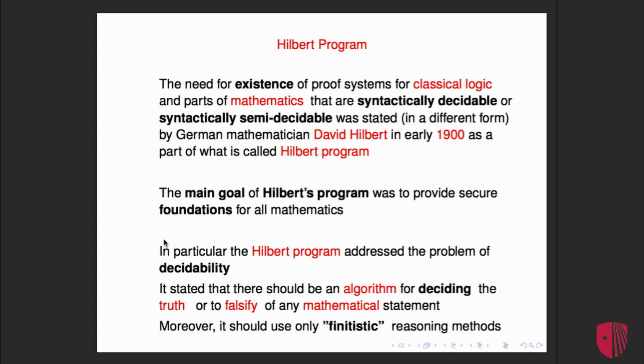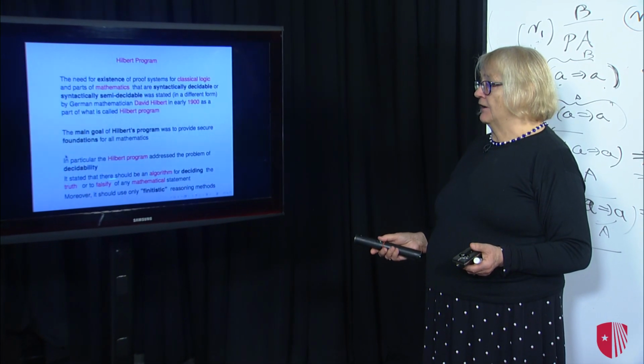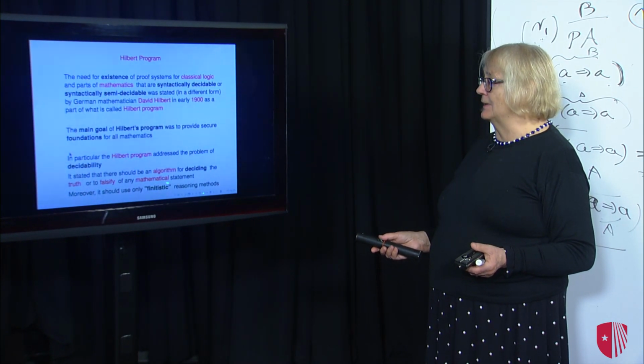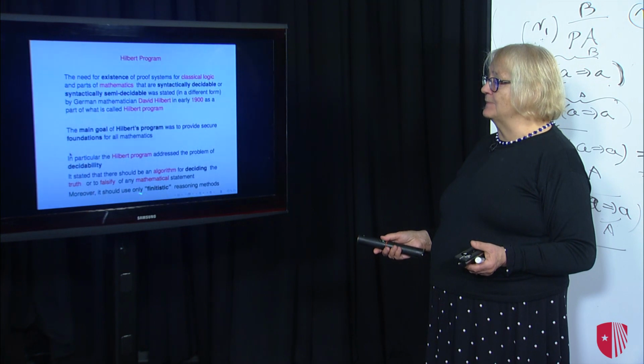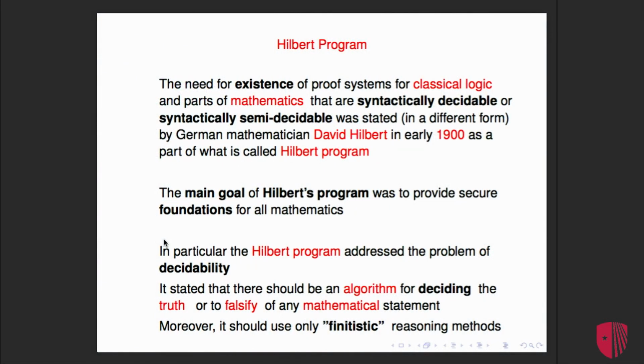In particular, one of the first problems he stated was the problem of decidability. It stated that there should be an algorithm to decide the truth or falsity of any mathematical statement, and it must be done by finitistic methods.